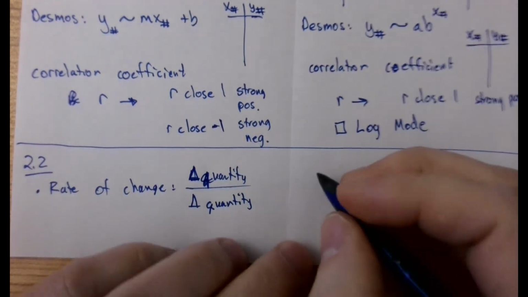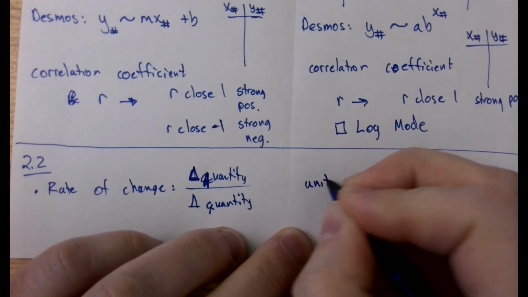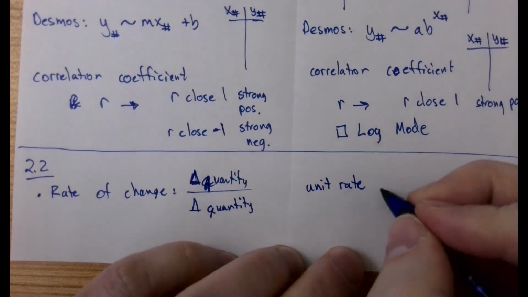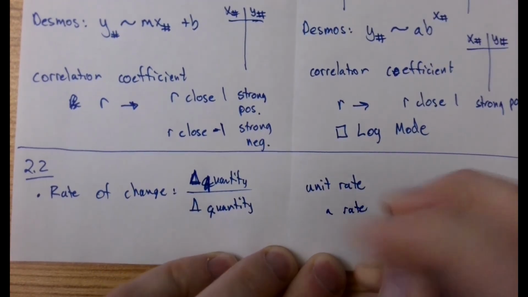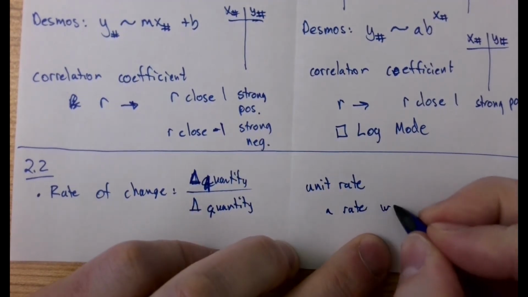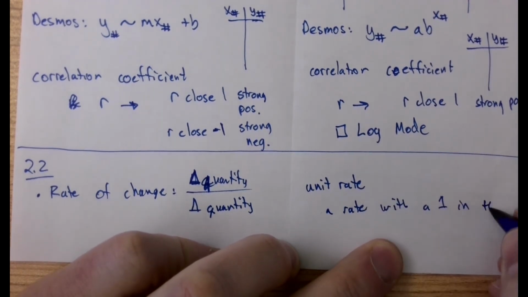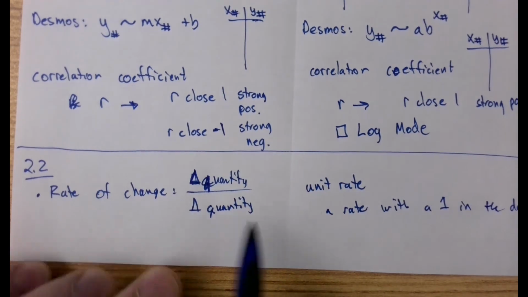And then the big thing that you're going to see in the unit reviews is getting a unit rate. And that simply means a rate, so this kind of change, with a 1 in the denominator. Meaning you divide the bottom number into the top number and you get it.